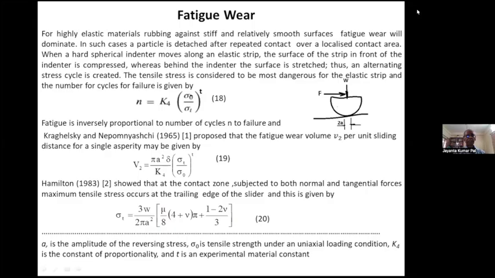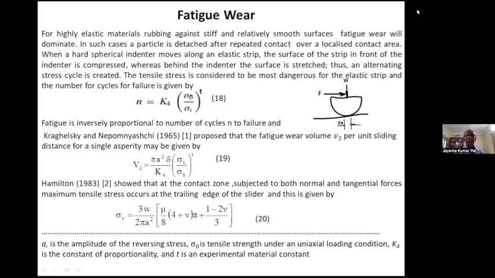In such a case, a particle is detached after a repeated contact over a localized contact area, as seen in the figure below. When a hard spherical indenter moves along an elastic strip, the surface of the strip in front of the indenter is compressed, understandably, whereas behind the indenter, the surface is stressed.